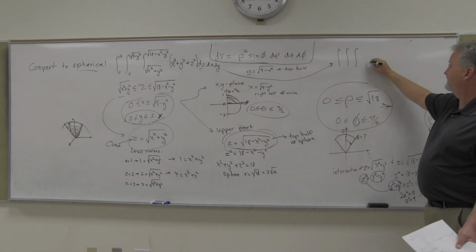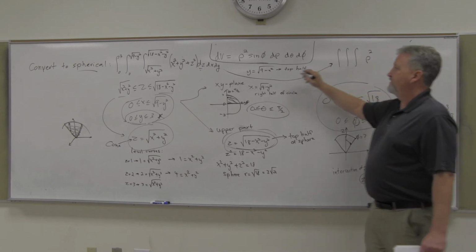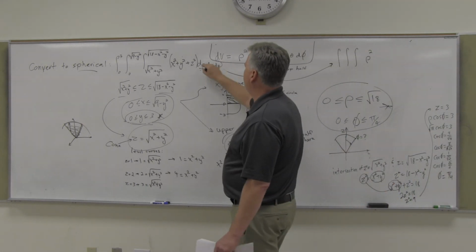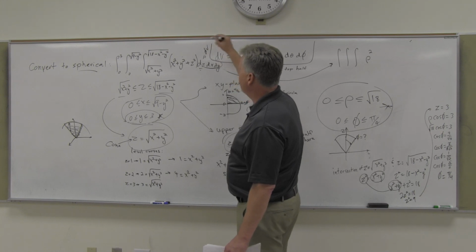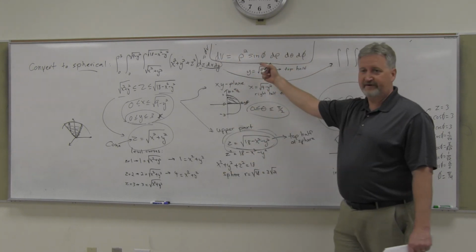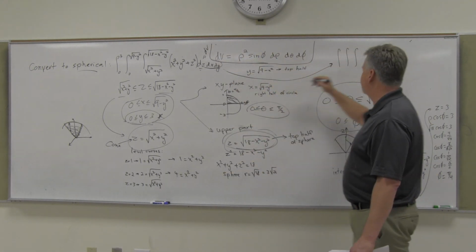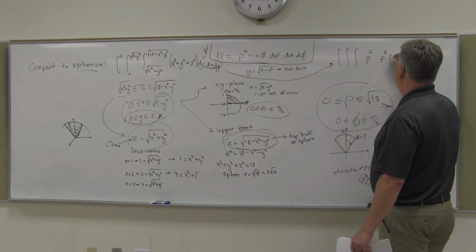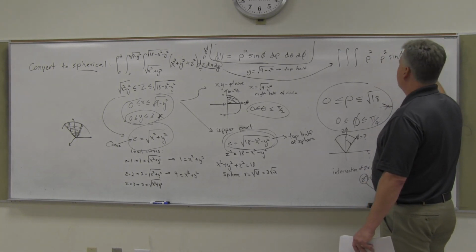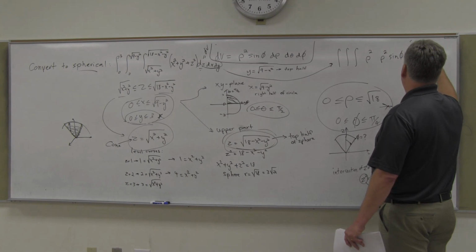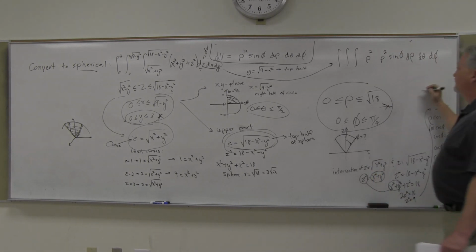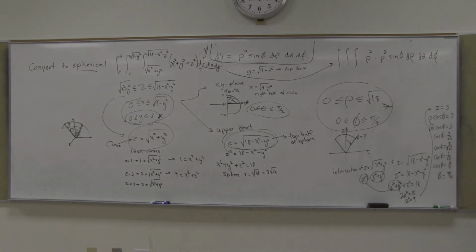Just rho squared, right? And then dz dx dy, that's the same as dv, and that's why I left this up here. And dv is rho squared sine phi d rho d theta d phi. With me?